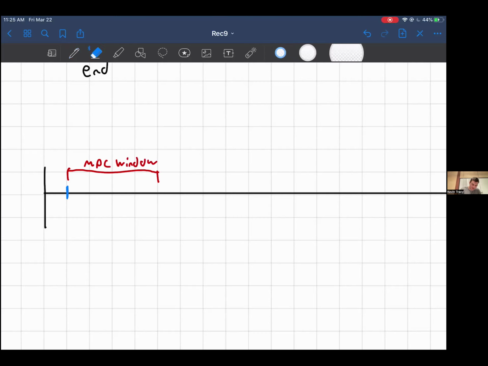When I'm at this time step, I solve an MPC problem for this sort of window. And then I'm at this time step, and you just shift the window over. So it's not like you solve the first 50 and the second 50. This window is sliding as you slide.